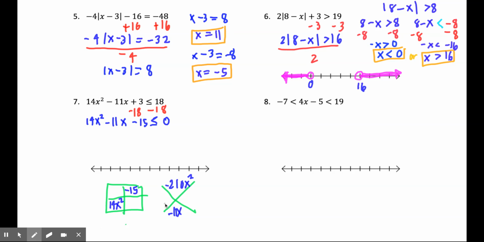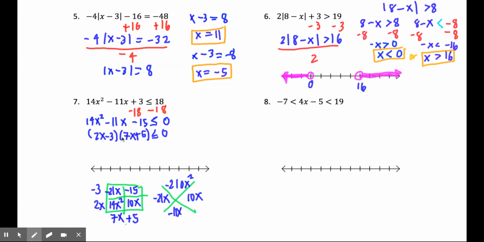So then that's -21x and +10x. And then you can see these are divisible by 7. So you have 7x times 2x is 14x squared, and then 2x times 5 is 10x, and 7x times -3 is -21x. Okay, so this factors to 2x minus 3 and 7x plus 5.